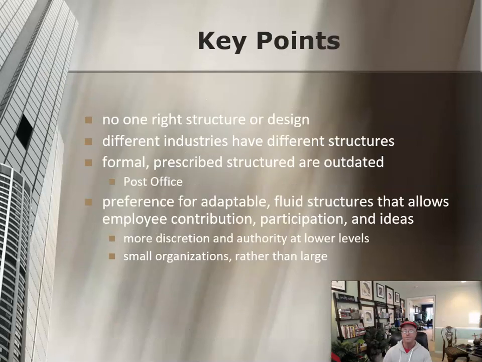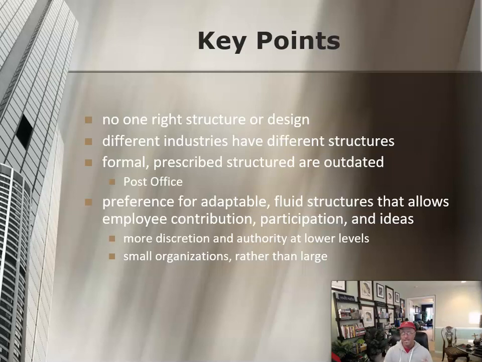Which takes us to key points. We now have learned that no one right structure design works best. It depends, secondly, on the type of industry that you have. Generally speaking, industries determine whether an organization is organic or mechanistic.